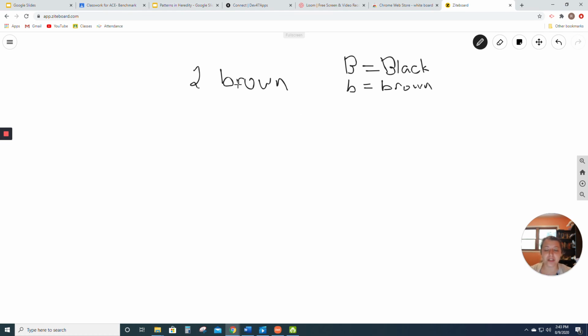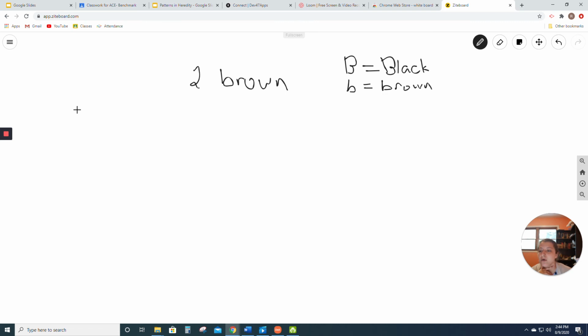So if they are brown, remember brown is recessive. If they are brown, is there any chance that there's a capital B in there? No. If there was a capital B, that would be expressed somewhere, right? But since there's no capital B, that has to be both of them recessive, right?